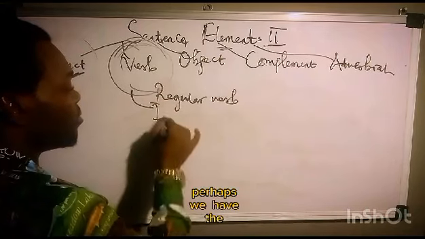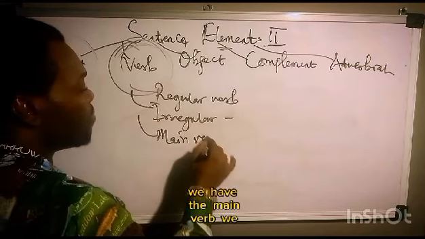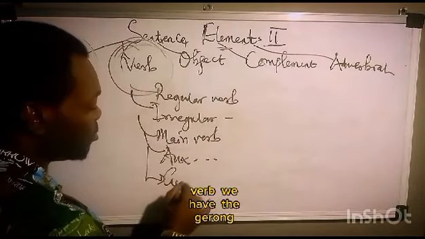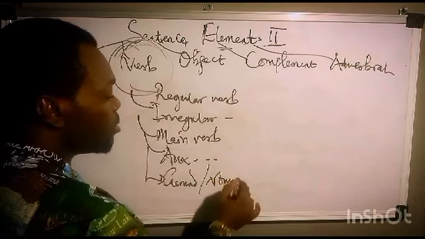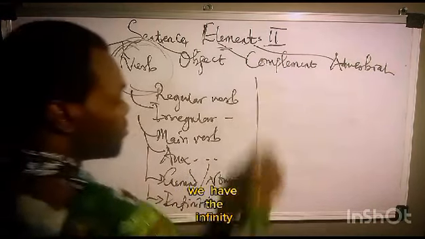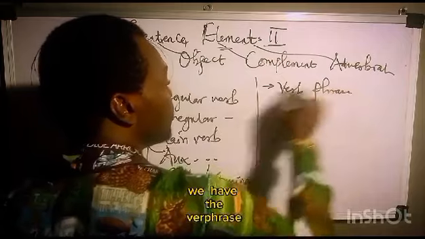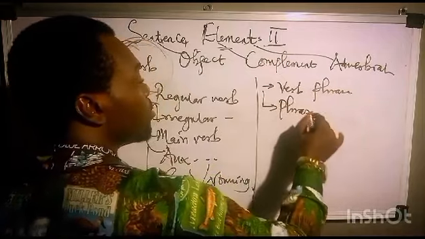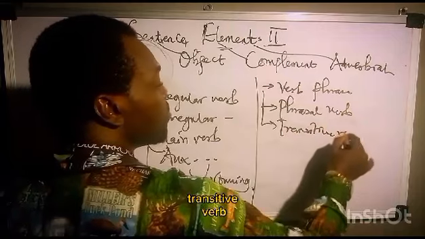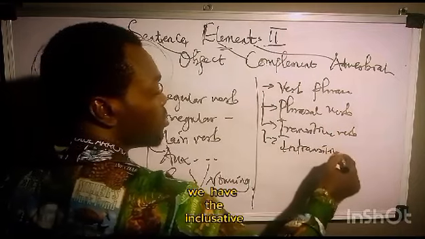We have the regular verbs, the irregular verbs, the main verb, the auxiliary verb, the gerund or what we call the nouning, the infinitive, the verb phrase, the phrasal verb, the transitive verb, and the intransitive verb.